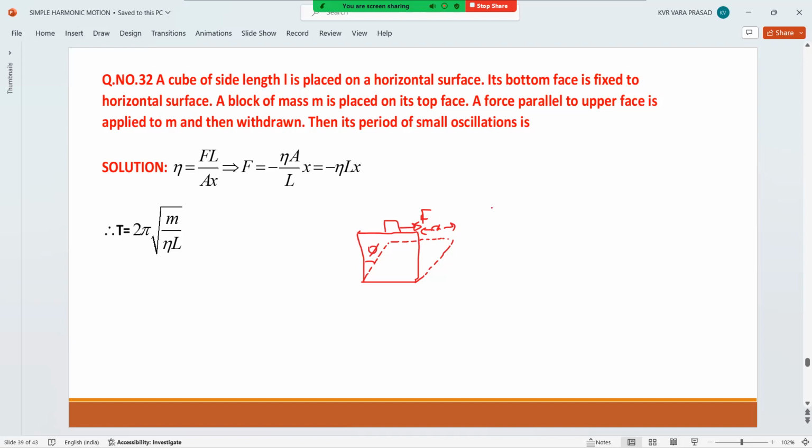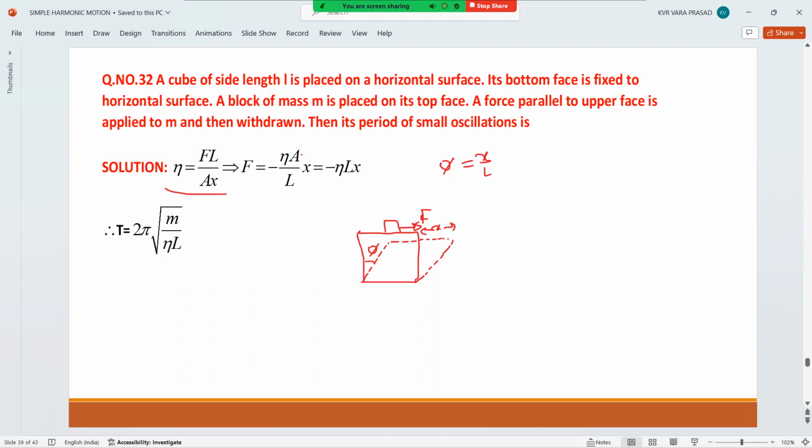Then we can write the shear strain, that is equal to x by side length L. Now from the shear modulus, we know shear modulus equal to (F by A) by (x by L). From this we get F equal to minus eta A by L into x.